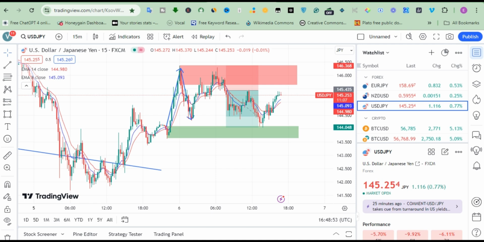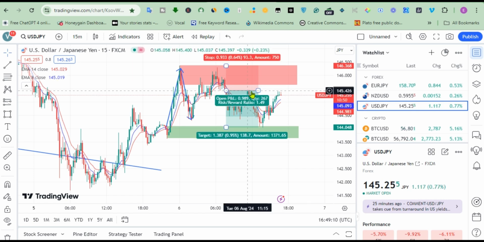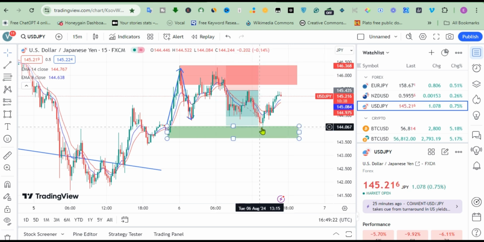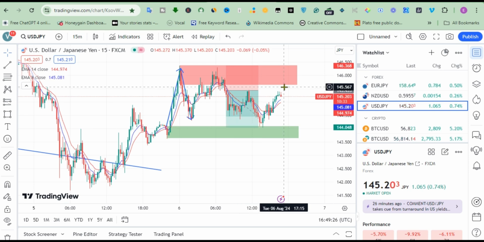Remember we said when it touches down here, it moves down, goes up again, and goes up again. So we can take a trade here and up here, because it touches down and goes up again to hit this place. The moment it touches down here, you can enter a buy and take profit at the top of this place. So that is how you trade.